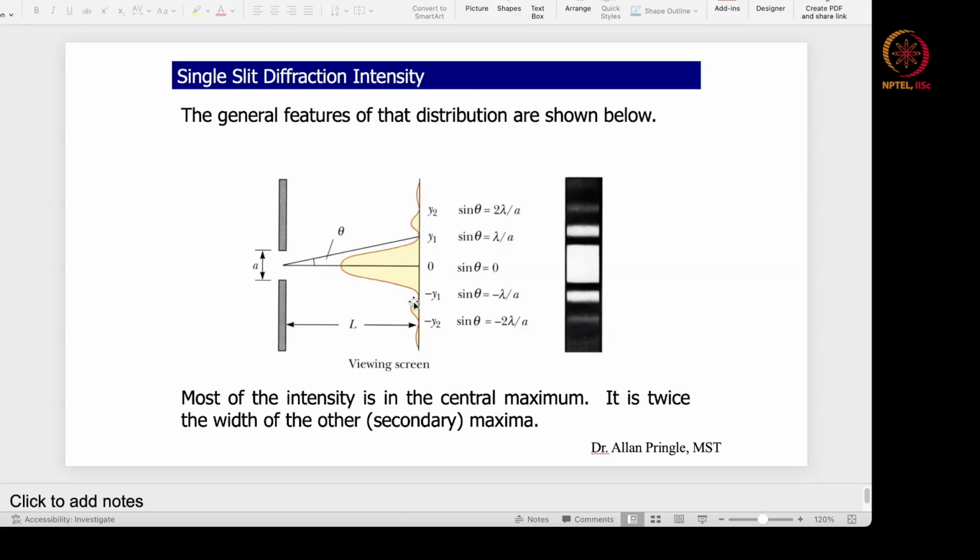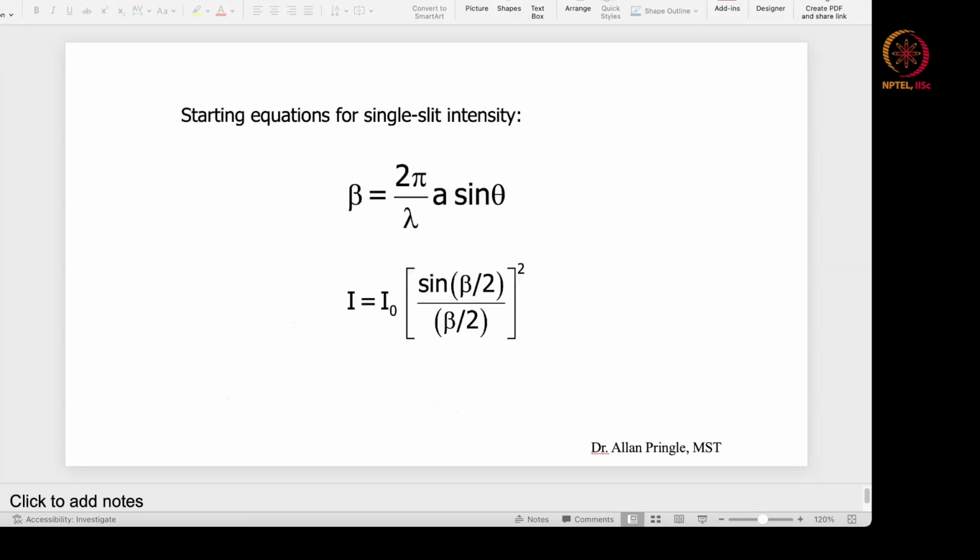The central maxima is actually the most intense, and it is twice the width of the secondary maxima. Secondary maxima are these, the tails, the wings, so to say, and these are the locations of the dark fringes that we can see over here. These are the locations where the intensity is almost equal to 0, right?